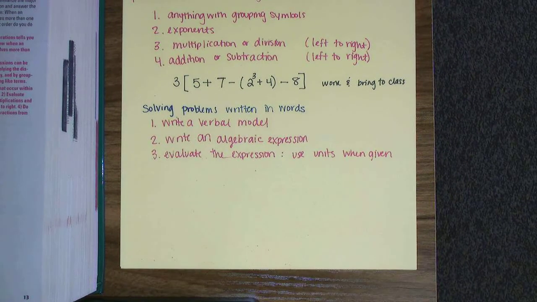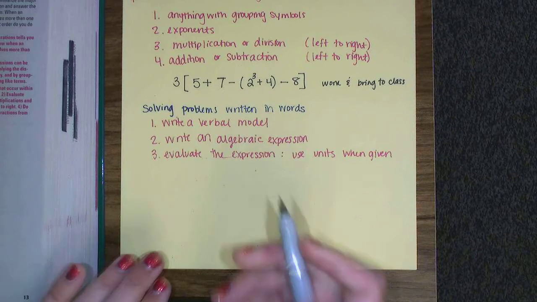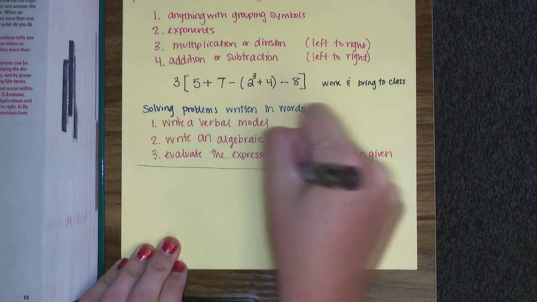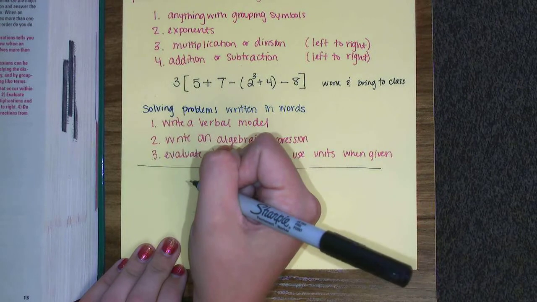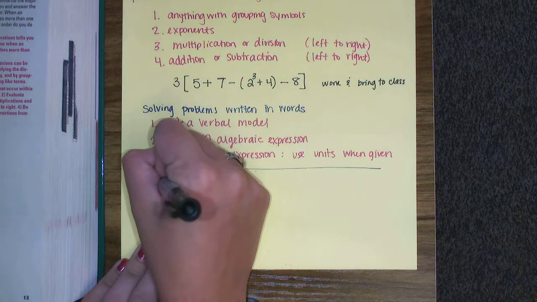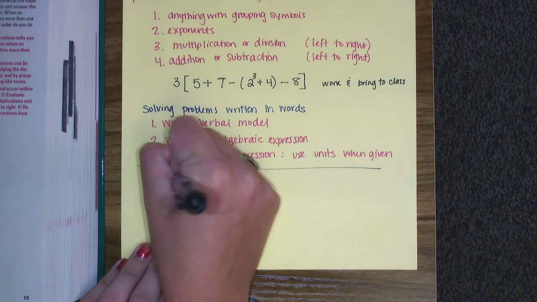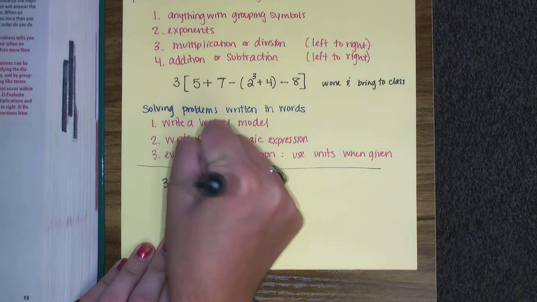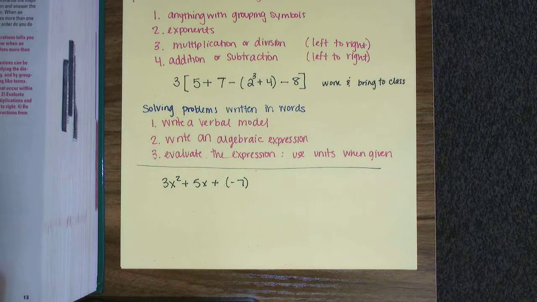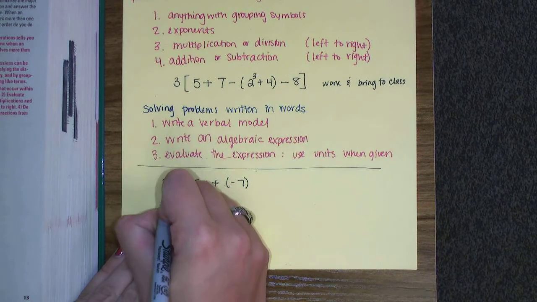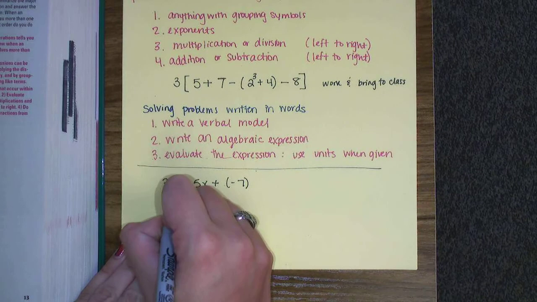Then really quick, just so that we remember what words mean, you've probably seen it before, but if I have something like 3x squared plus 5x plus negative 7, the 3 and the 5 are coefficients.